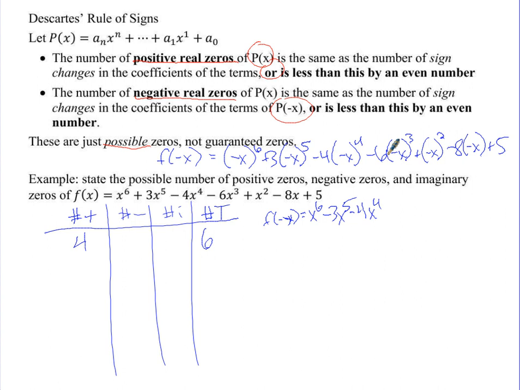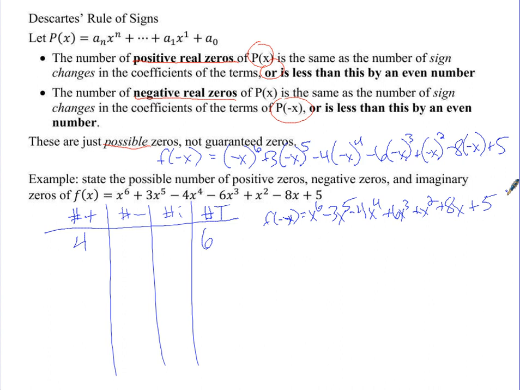So instead of minus 6x to the 3rd, it becomes plus 6x to the 3rd. Will my exponent cause my sign to change here? No. So it's going to stay plus x squared. Will my exponent cause my sign to change on this one? Yes. So instead of minus 8x, it becomes plus 8x. And I didn't do anything to that plus 5, so it stays plus 5.